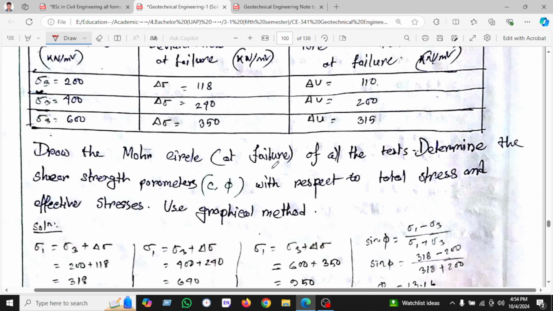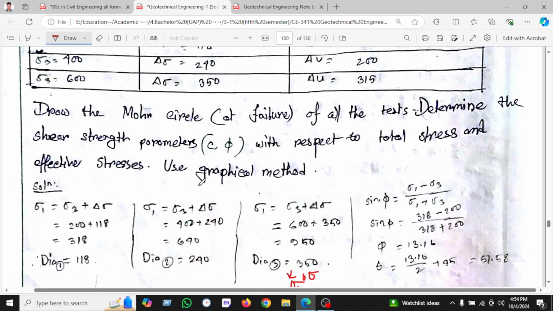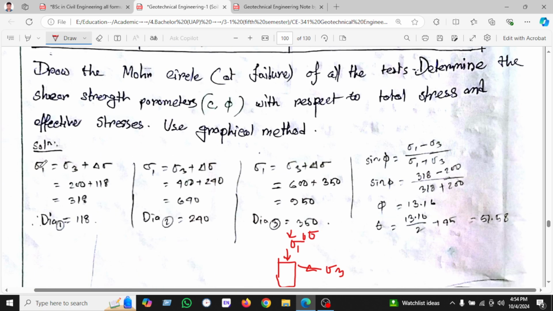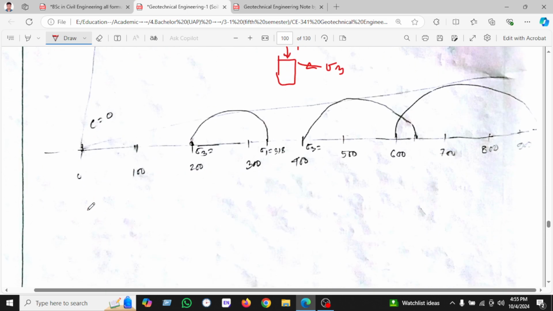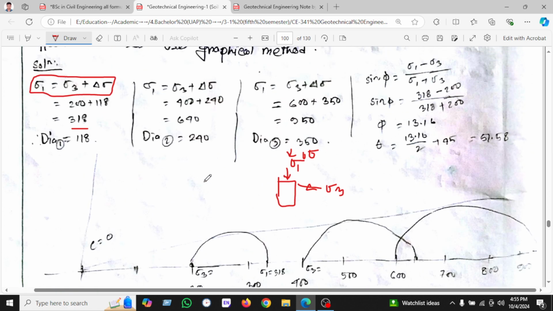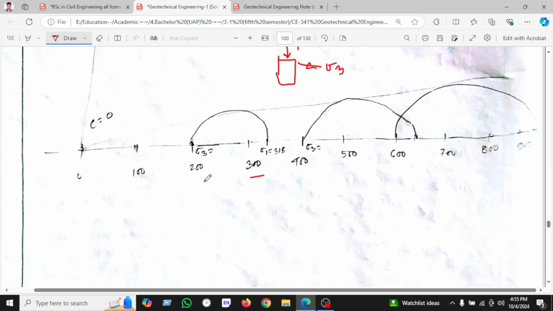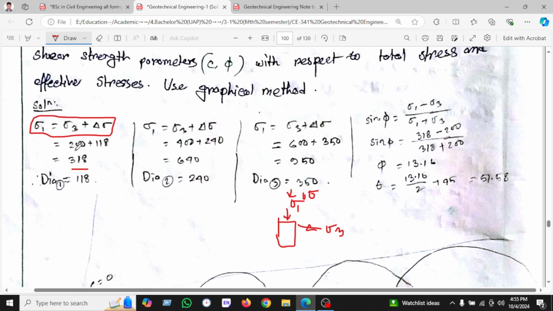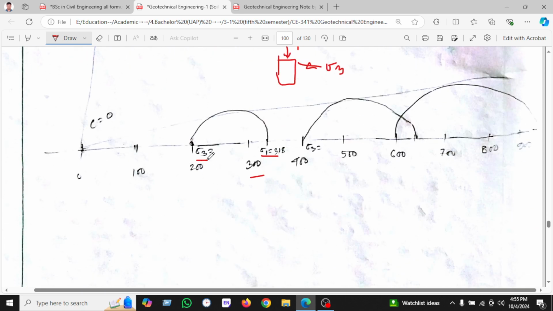So draw the Mohr circle at failure. Then find the shear strength parameters c and phi with respect to the effective stress by the graphical method. We know sigma 1 equals sigma 3 plus delta sigma for the first specimen, and we find 318. So we know the sigma 1 is 318, and sigma 3 is 200.